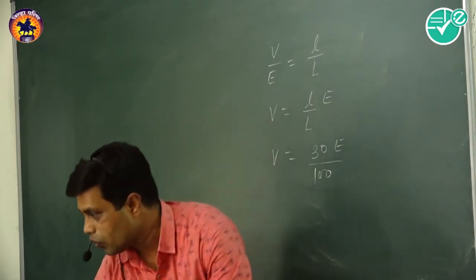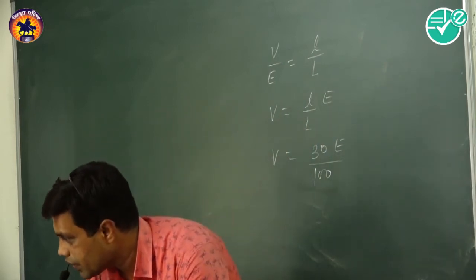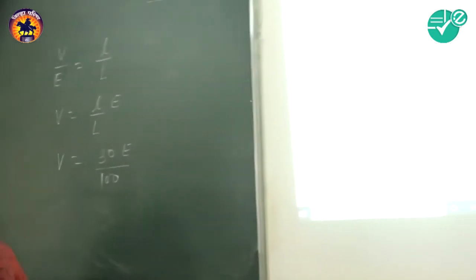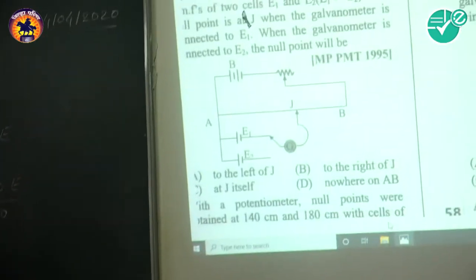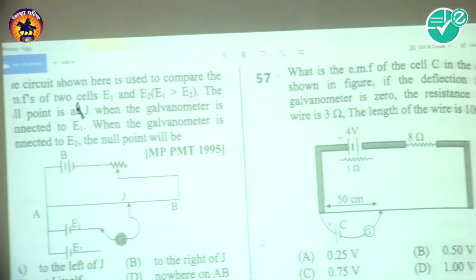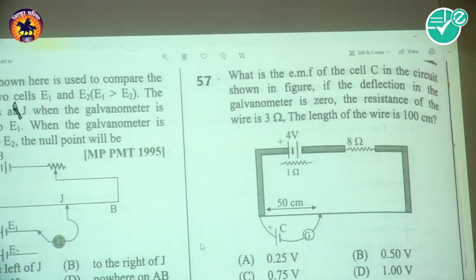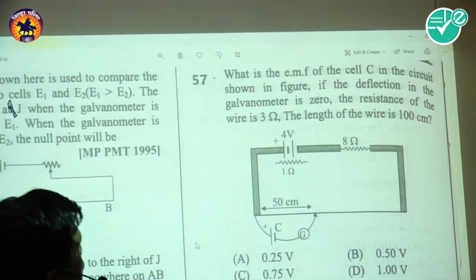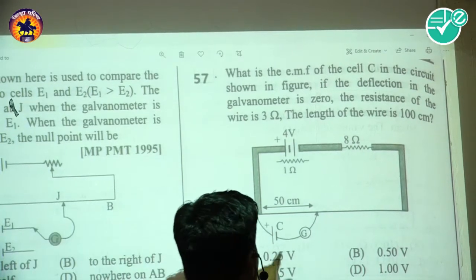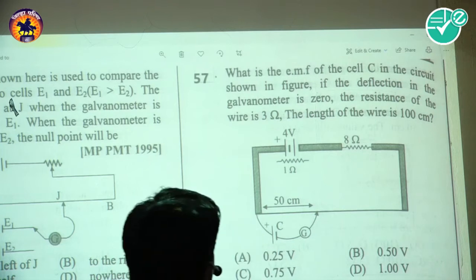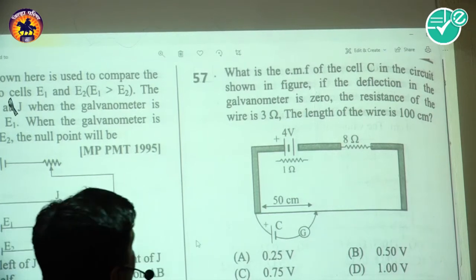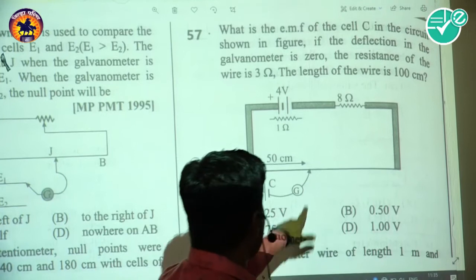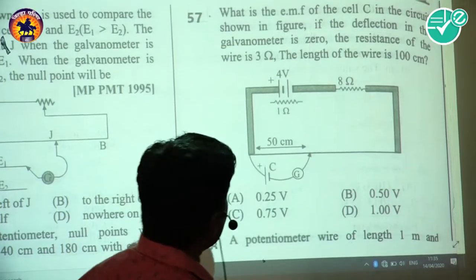Now we will move towards question number 57. In problem number 57, it is asked what is the EMF of the cell C in the circuit. We have to calculate C in the circuit shown in the figure if the deflection in the galvanometer is 0, meaning we have got the null point at 50 centimeter.